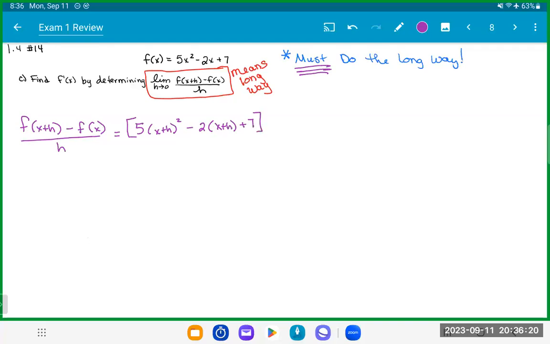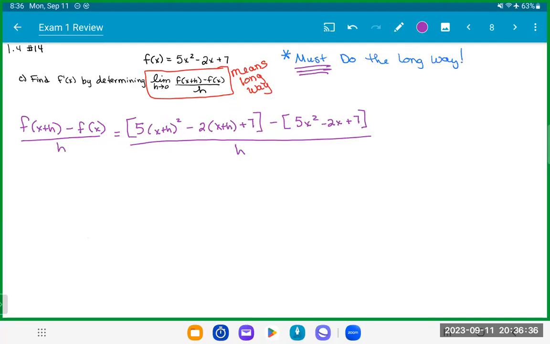Now we have to subtract my original function, which was 5x squared minus 2x plus 7, all of that divided by h.